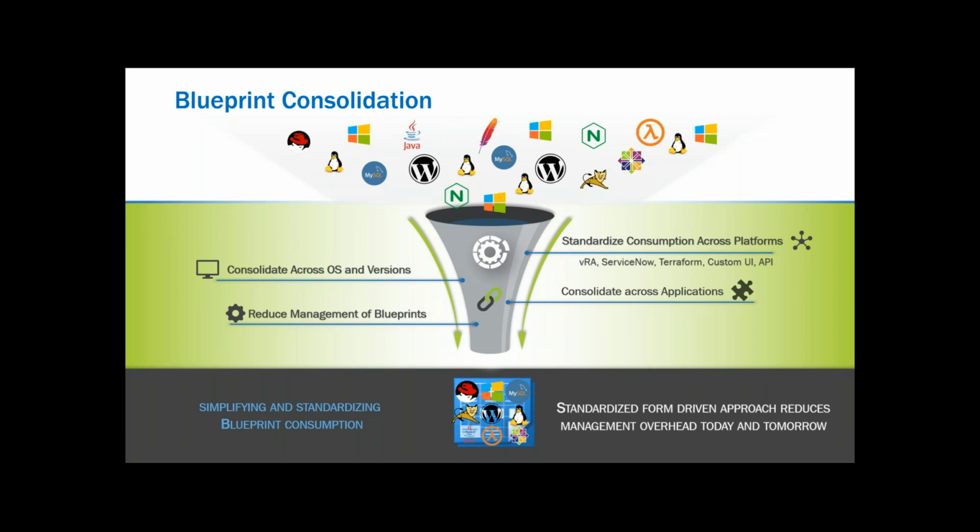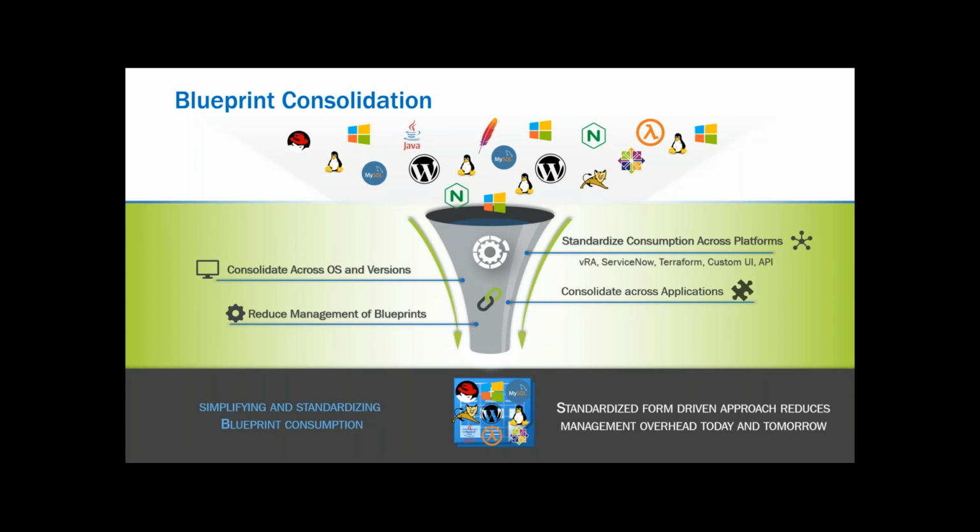So we can help consolidate these blueprints so that you can have a standardized approach for consumption and have, in some instances, even a single blueprint that can deploy your Windows, your Linux machines, and your different applications. Right? So standardize that consumption, not just across the OS and the apps, but from a consumption perspective.